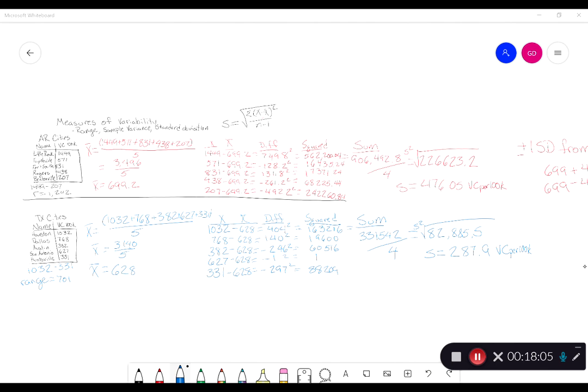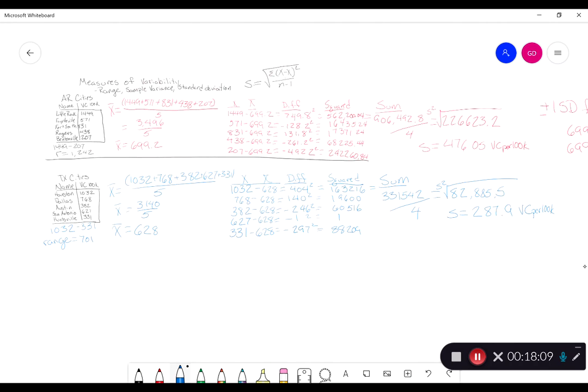If we wanted to look at if there's a potential skew in the data, we did not calculate it, but we easily can. So I'll do it in green. If we look at the Arkansas cities and we want the median, let's see, 207, 438, 571 would be our median. And for Texas, if we go 331, 382, 627.